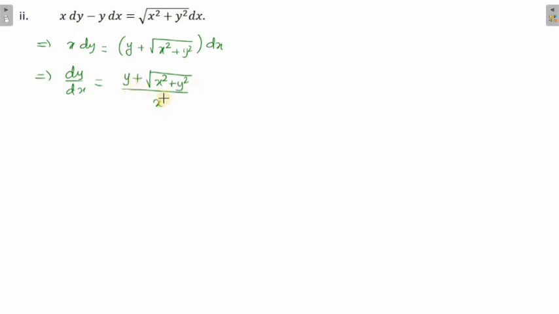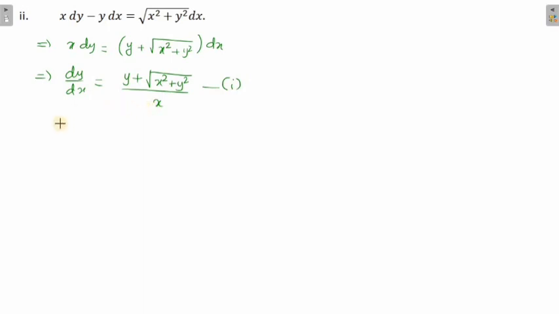In the denominator the power is 1. Here it is square, but due to the square root the power becomes 1. As I said, plus doesn't play any role, so numerator and denominator both have power 1, so this becomes a homogeneous equation. You can call this equation number 1.